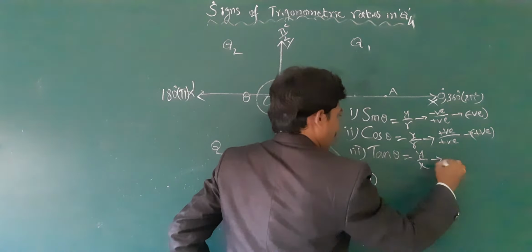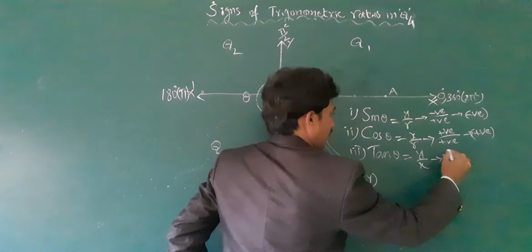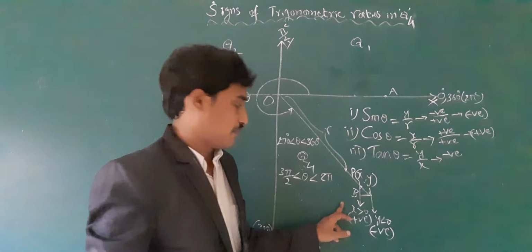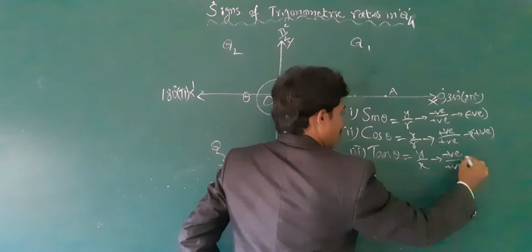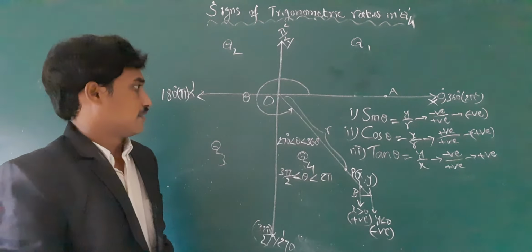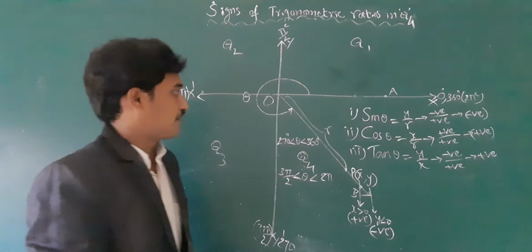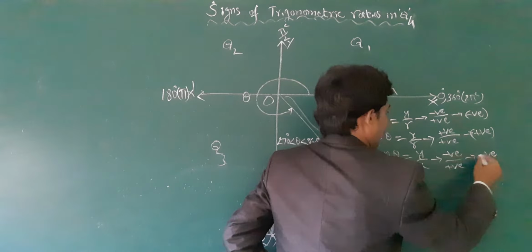Next, tan theta. Tan theta is y by x. Y is a negative quantity. X is a positive quantity. Negative by positive, a negative quantity.